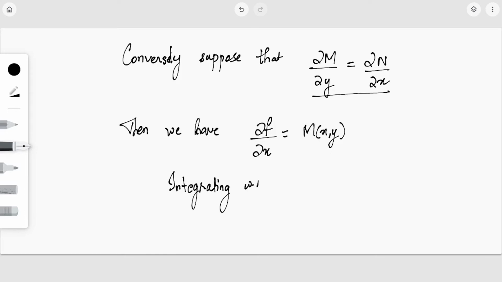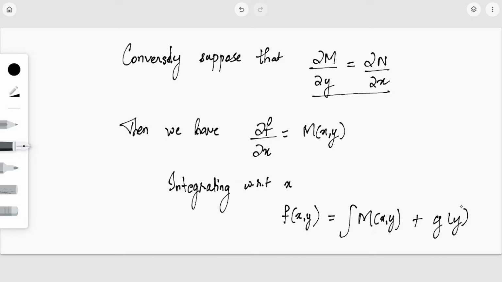Integrating with respect to x, I get the integral of ∂f/∂x, which is nothing but f of xy itself. f of xy will be equal to the integral of m of xy plus an integrating constant. Here that constant is treated as some function of y, because we are integrating with respect to only x. So m of xy is a function of x and y, and we'll have the integral of m of xy dx plus some function of y, g of y.